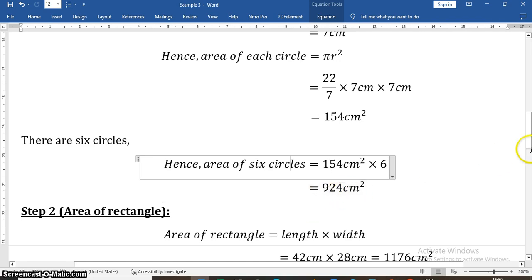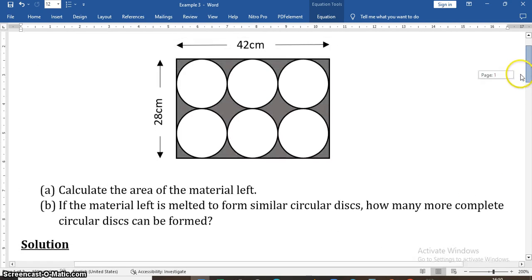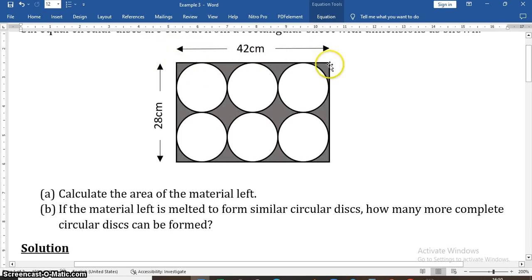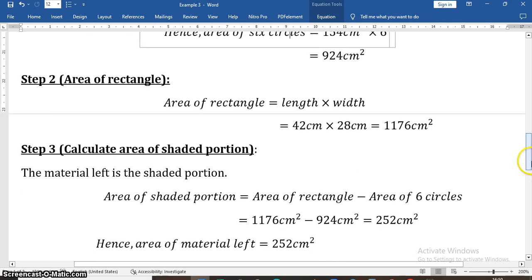Then, what next? You also need to find the area of the rectangle. That's the full rectangle. Find the area. And remember the formula for area of a rectangle? What is it? Length times width. After that, you then subtract. Remember, you're cutting out these circles from the rectangle. So cutting out implies subtracting. So let's see how you solve that. Area of rectangle is length times width. The length is 42, the width is 28.